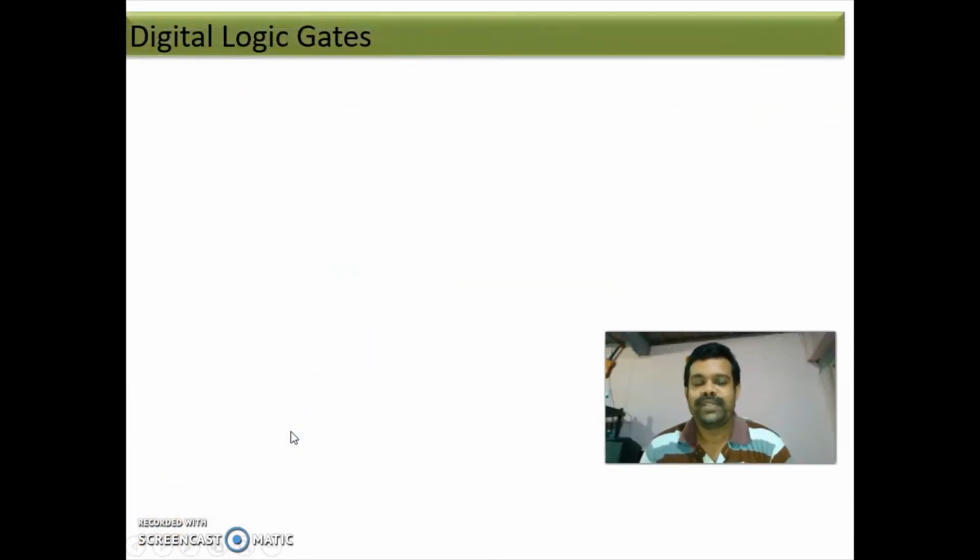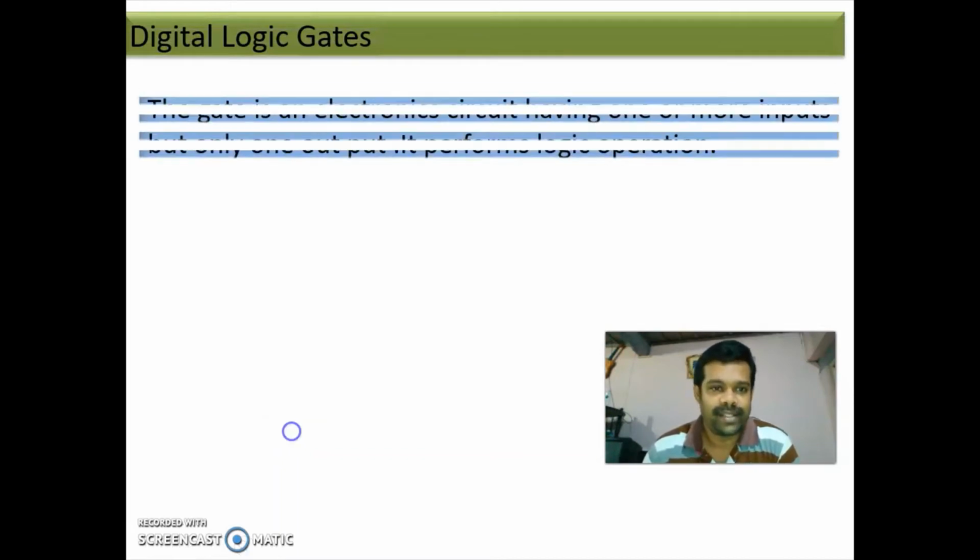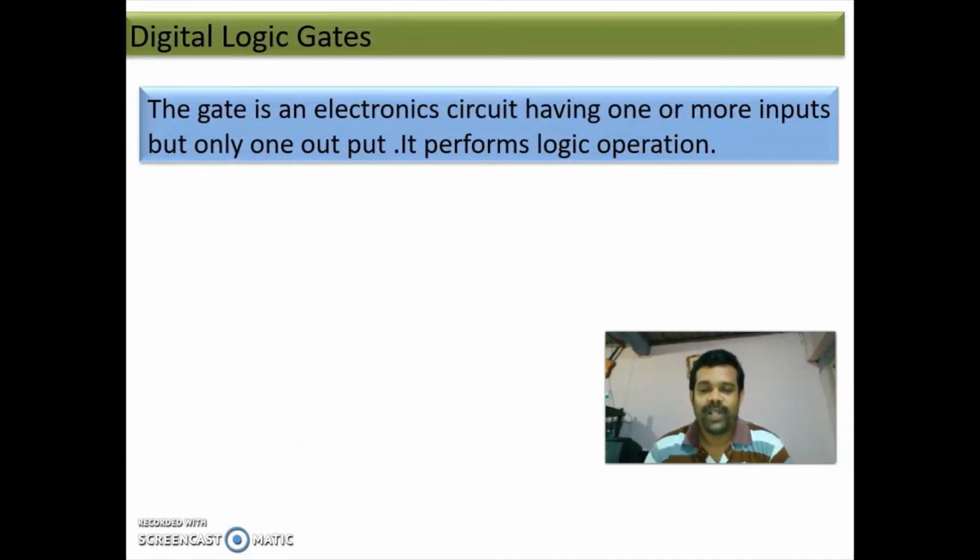Next, we are going to see digital logic gates. So, what is a logic gate? Logic gate is an electronic circuit which will be having one or more than one input, but it will be having only one output and it performs logical operation.